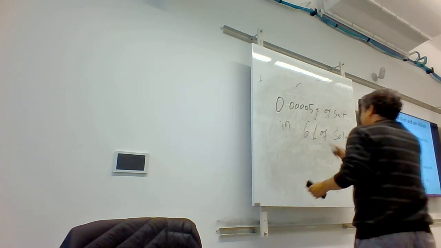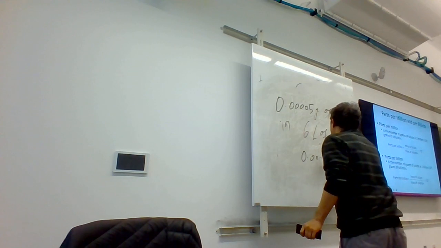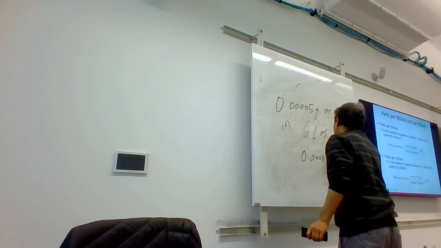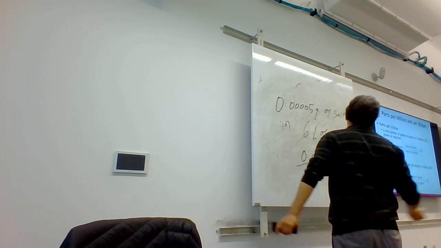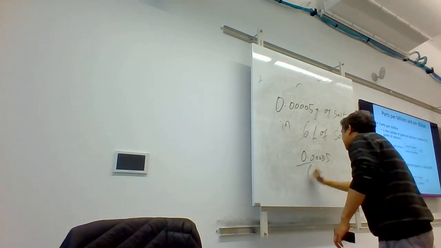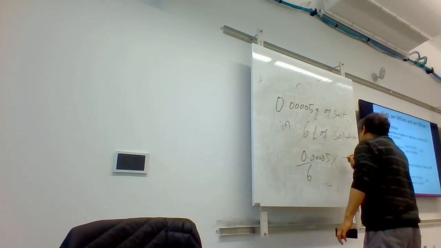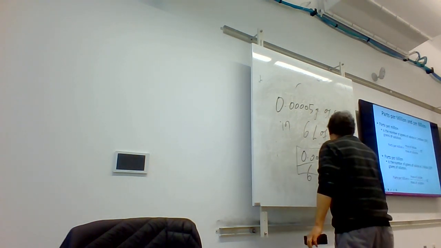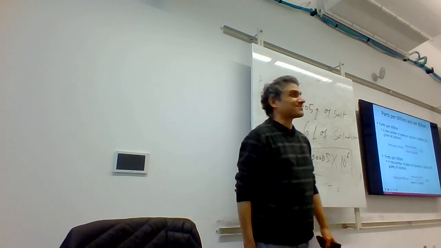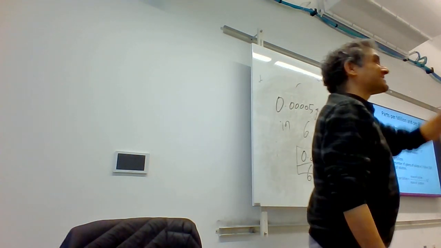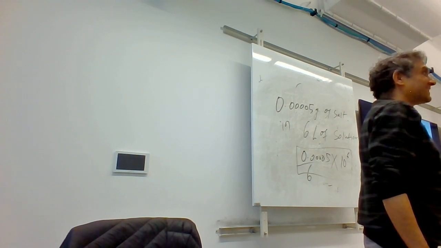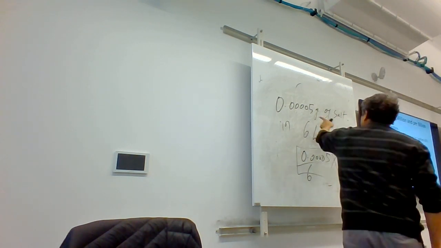So in that case, the salt, 0.00005 divided by 6 liter. 6 liter would be approximately 6 kilogram of water, and multiply by 10 to the power 6. Put this number in the calculator and the calculator gives the number. Sorry, yeah, this is a gram.